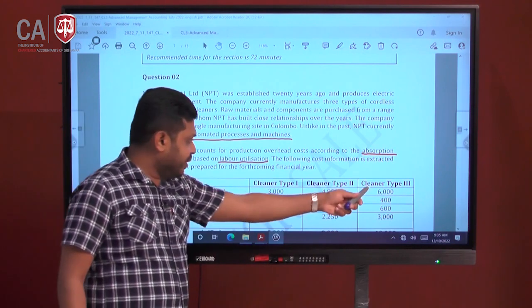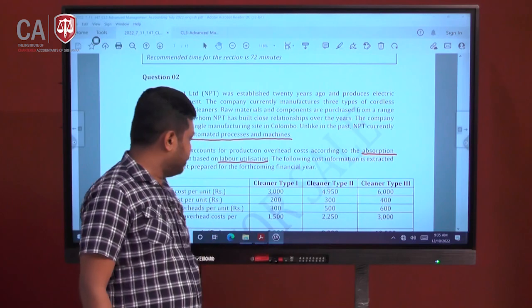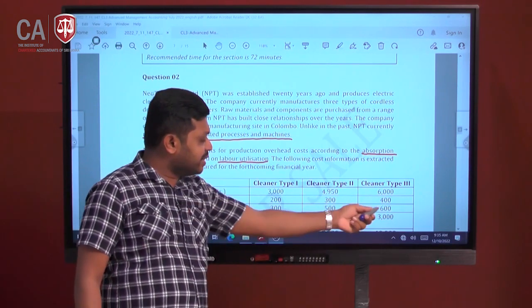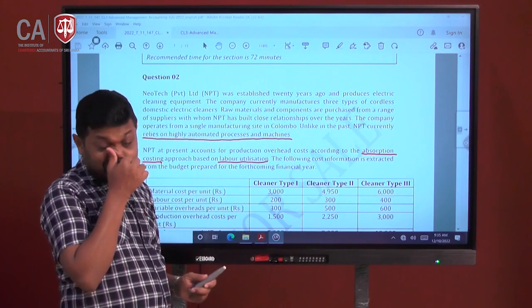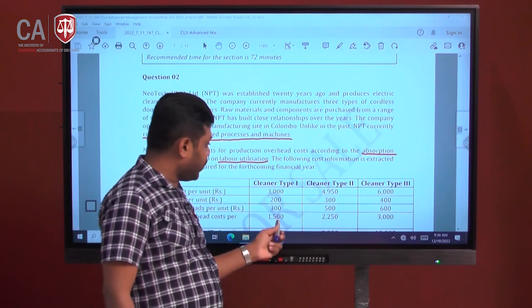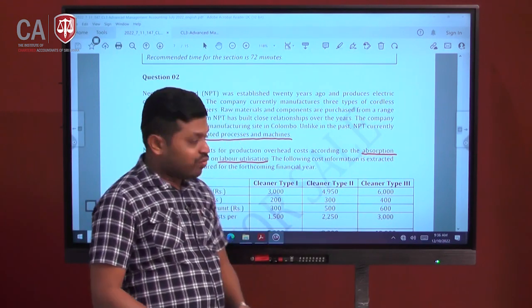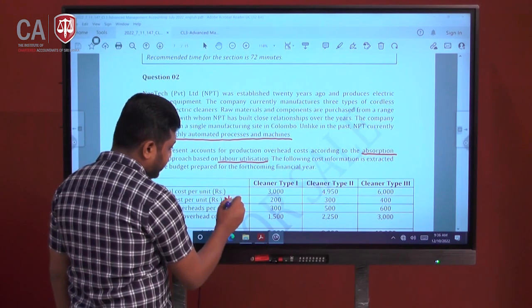Material cost per unit is given, labor per unit 200, 300 and 400. Variable overhead per unit 300, 500 and 600. Production overhead cost per unit based on labor utilization 1500, 2250, 3000.